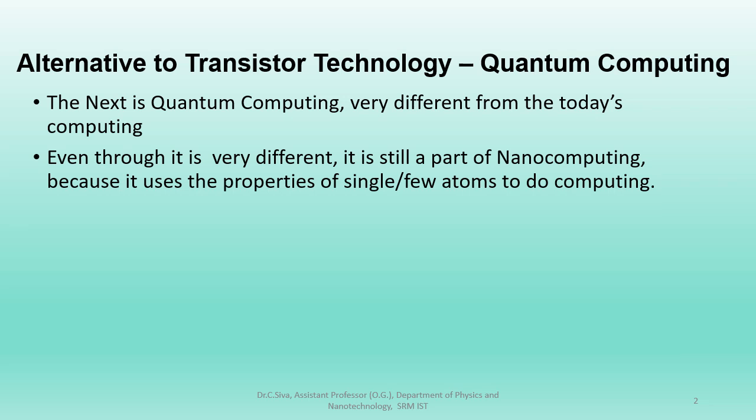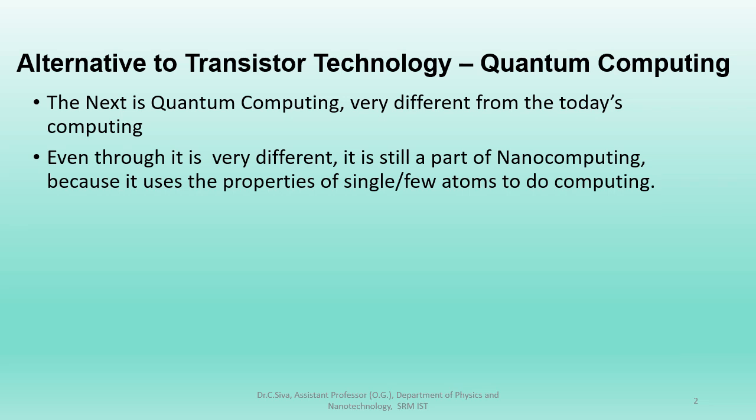In this slide, we introduce the idea that the next major shift in computing is quantum computing. Although it is fundamentally different from today's classical computing, it still falls under nanocomputing because it exploits properties of single atoms and subatomic behavior.